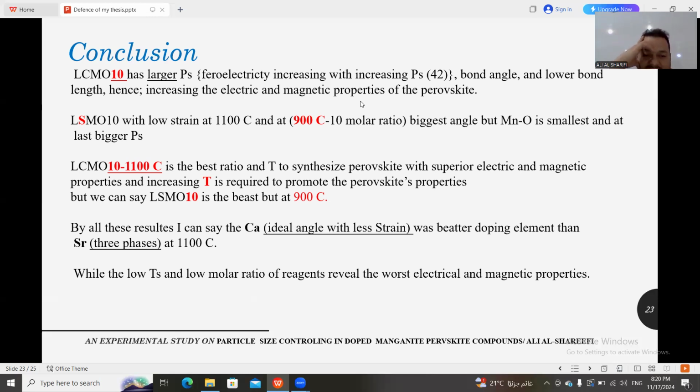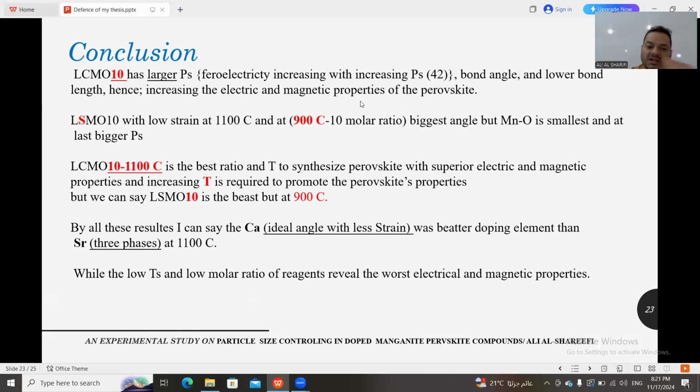We can say 10 molar ratio is the best, but at 1000 Celsius, when I'm talking about strontium as the doping element, maybe it has another advantage. It has good quality, but at lower temperature. At the higher temperature, it behaves abnormally by producing two impurities instead of one.